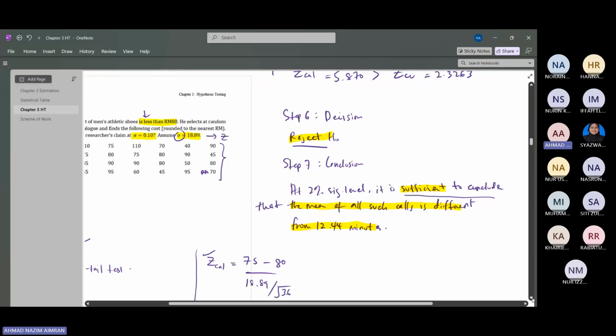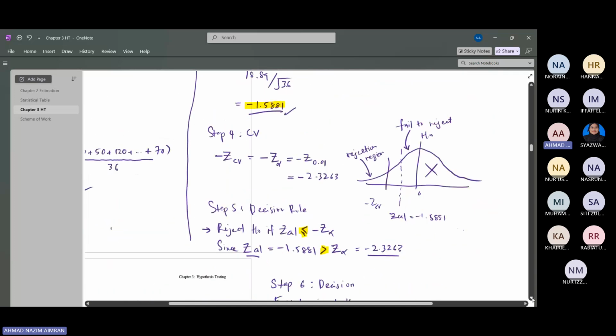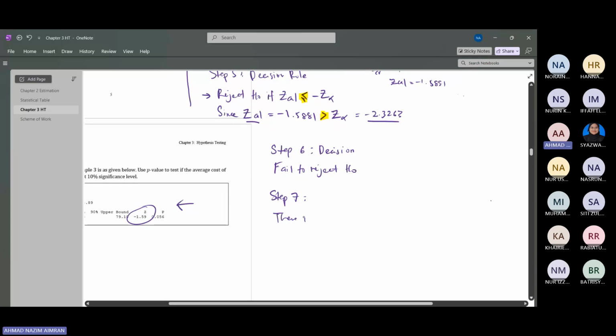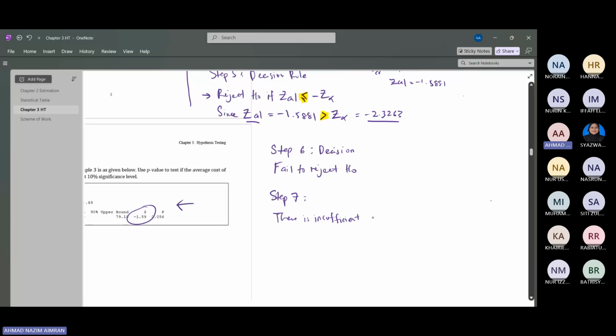But in our case, we failed to reject H null, so there is insufficient evidence to conclude that what you have stated in the alternative hypothesis.